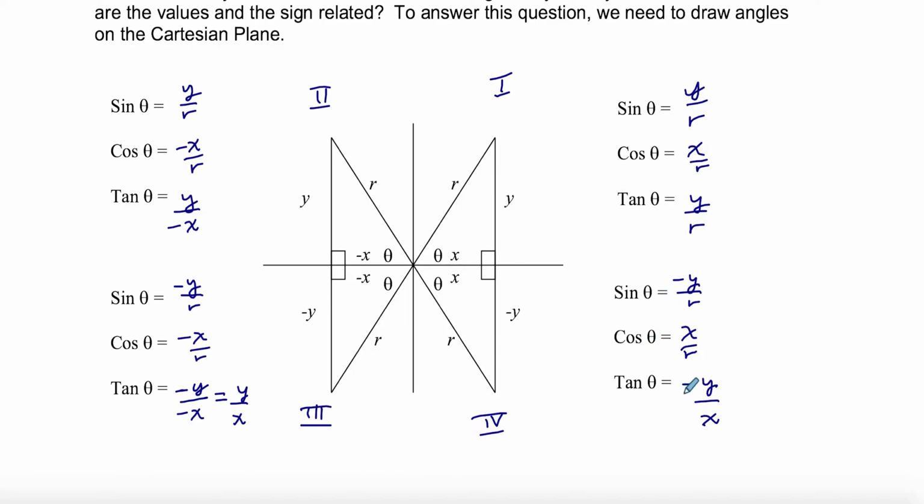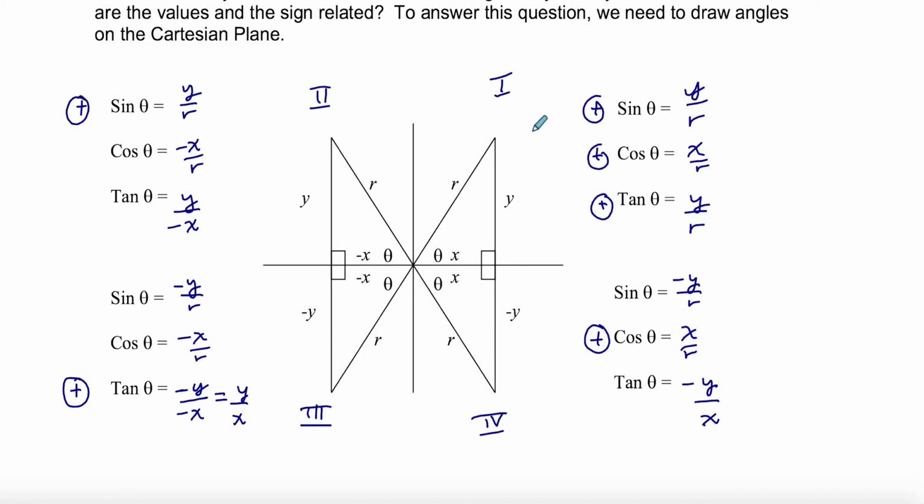So there is something called the CAST rule. What I notice here is that all of these are positive, right? We had 3 values that are positive here. The only one that was positive here was sine, and the only one that was positive here was the tangent. So the CAST rule: C for cos, this one down here, cos is positive.